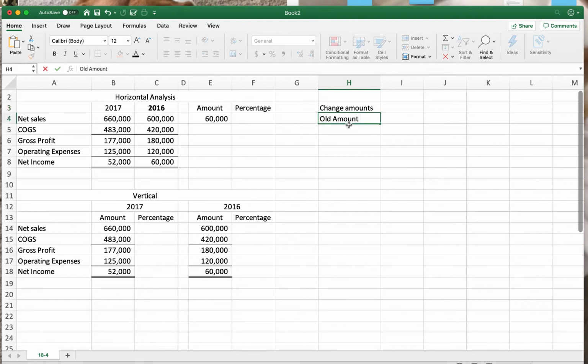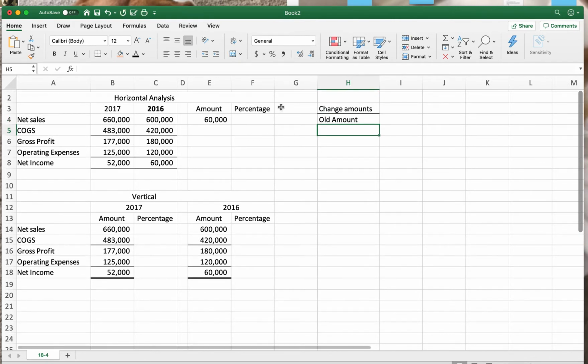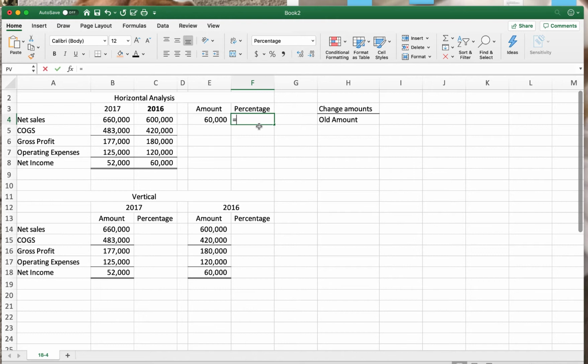Another way we could do that is to calculate the percentage, I'm going to take the change. So I'm going to open parentheses, net income for 2017 minus net income for 2016, close parentheses, divide by the old number, which is the 2016 number.